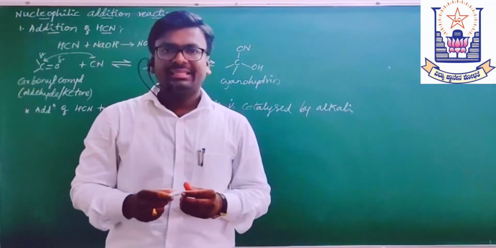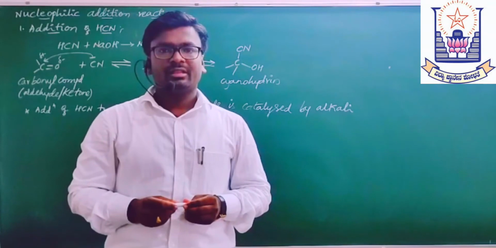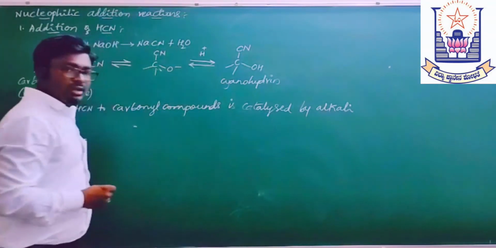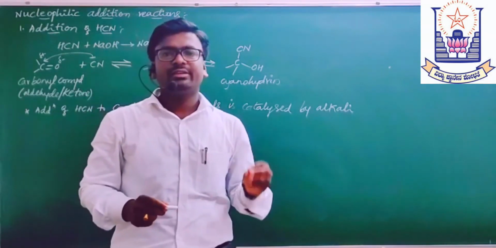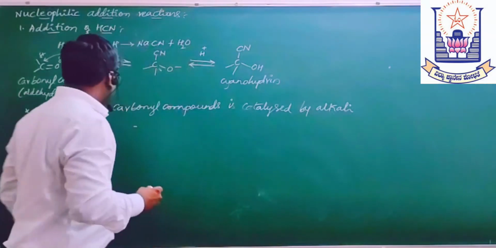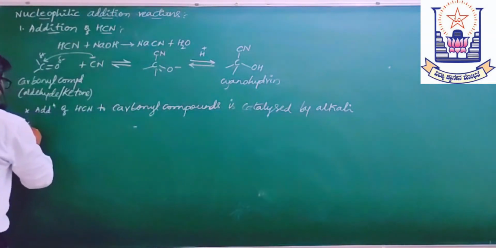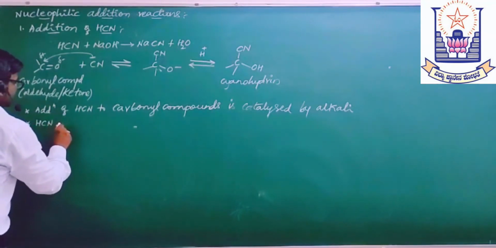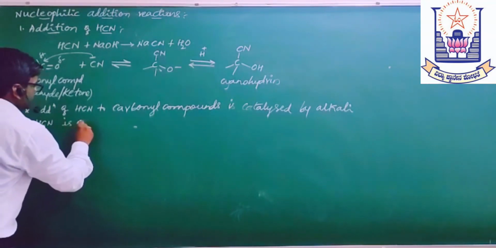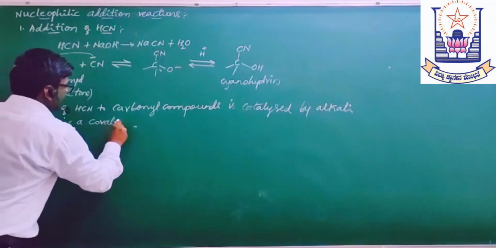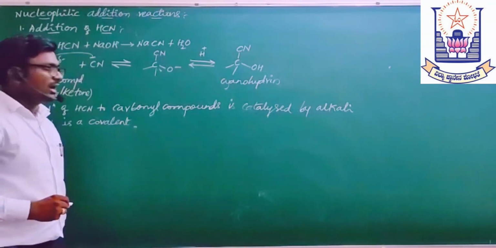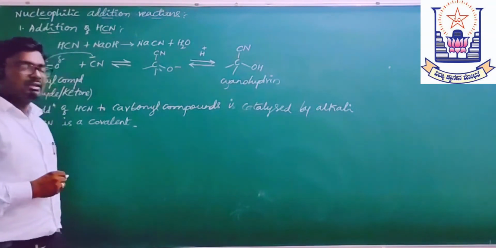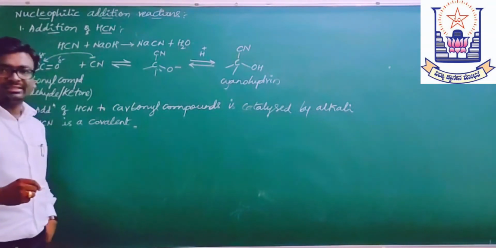What does it mean? Whenever you add HCN directly to the carbonyl compound, the reaction takes place very slowly, because HCN is covalent and less nucleophilic, and it does not release the cyanide ions readily.